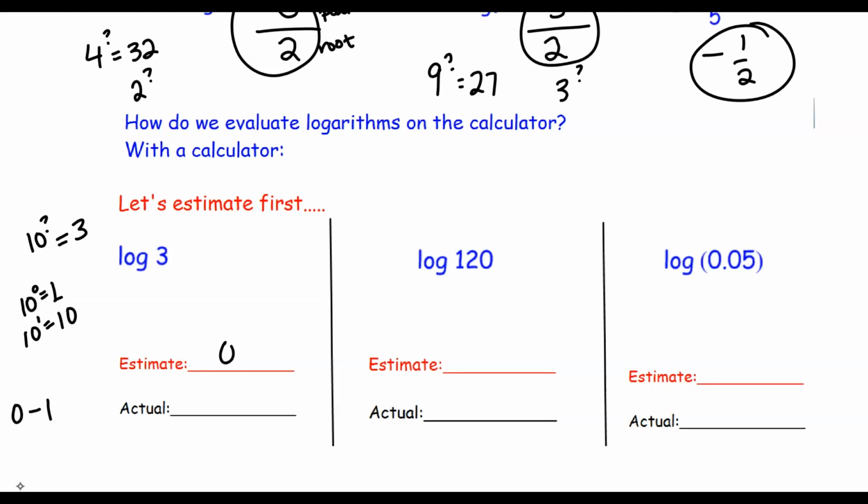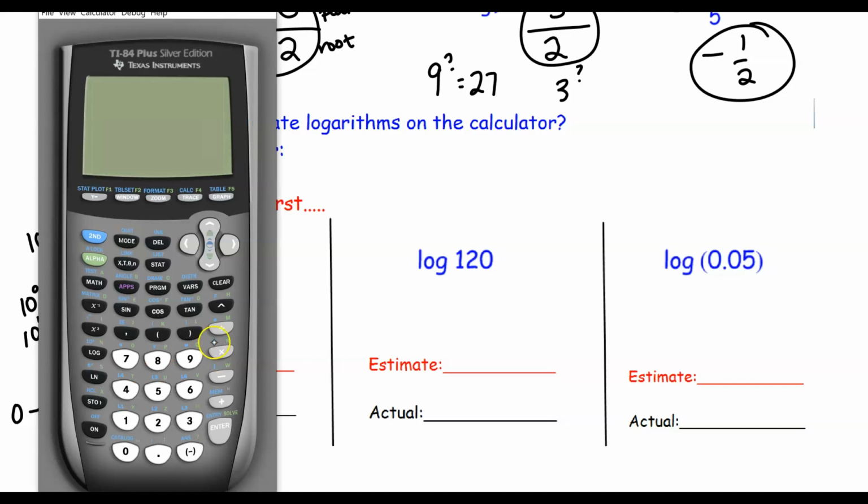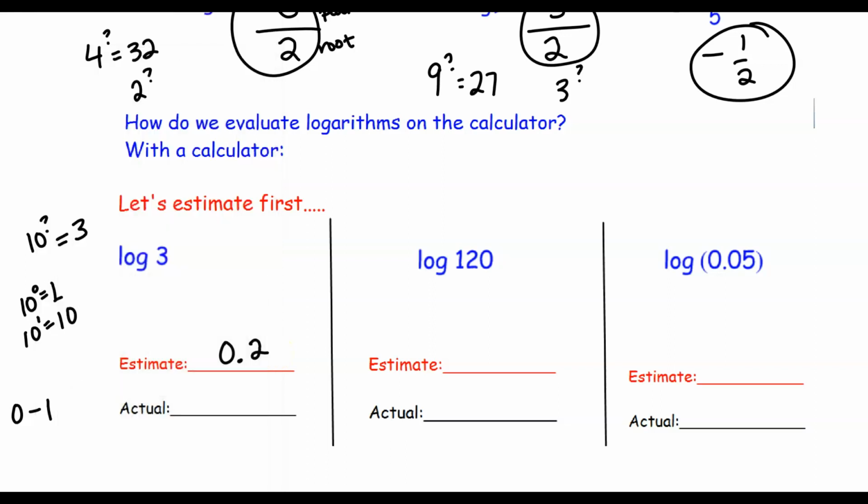So if you had wanted to estimate, I'm just estimating like 0.2, an exponent closer to 0 than 1. Again, that's my estimate, and so we'll verify it with the calculator. So log of 3 is, I was off on my estimate, 0.48.